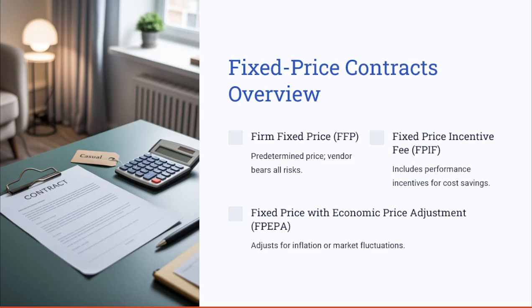The next type here is fixed price incentive fee, which is known as the FPIF. The FPIF contracts include incentives to motivate vendors to reduce the cost while maintaining the quality. The next type we have here is fixed price with economic price adjustment.